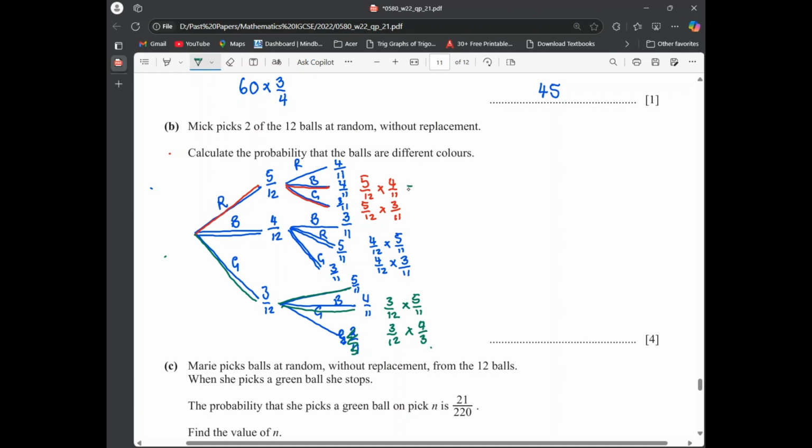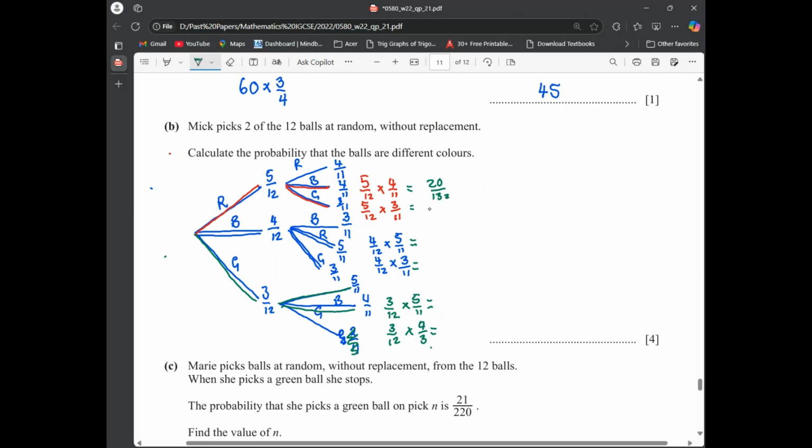Right, now you have to work out all of those ratios there, and once worked out, we then need to add all the outcomes for picking out the different balls. So for the first one, we're going to have 20 out of 132.